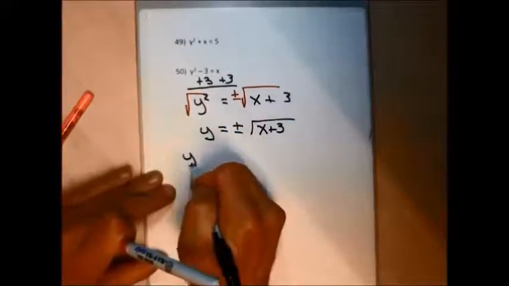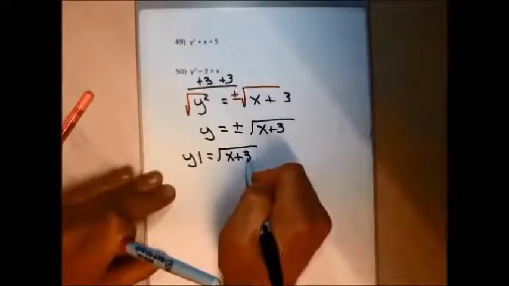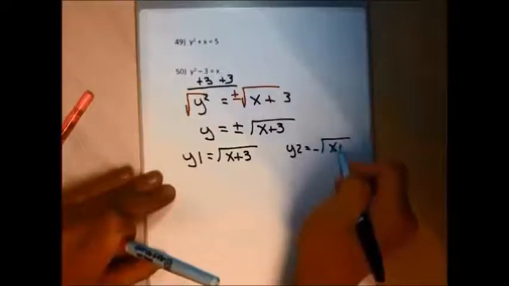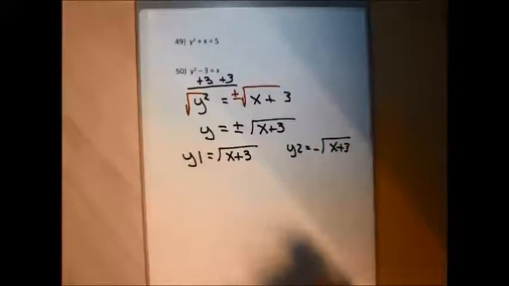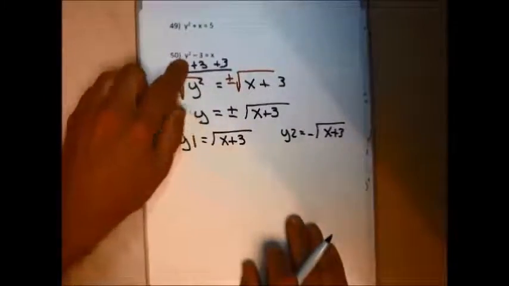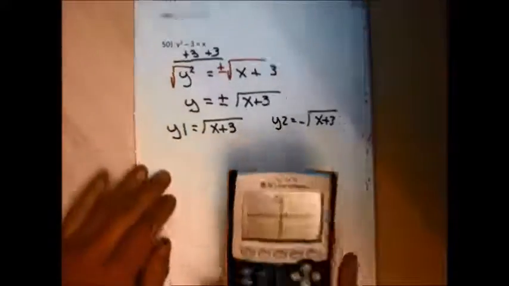I'm going to graph y1 equals the square root of x plus 3 and y2 equals the minus square root of x plus 3, so I could make my guess. First step in all these problems, I'd like to make a guess at the answer. I guess I guessed already it was going to have x-axis symmetry, but I'd like to make my guess a little more accurate by doing the graphing.